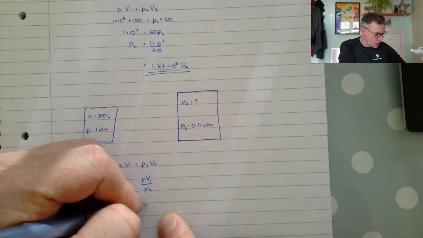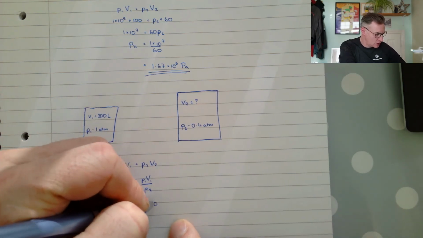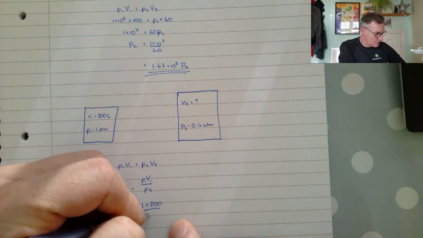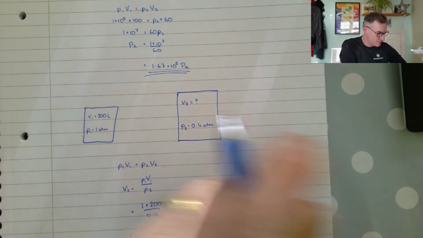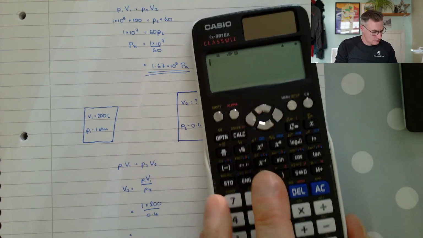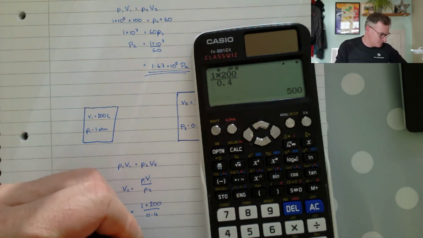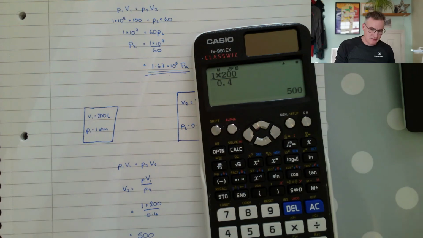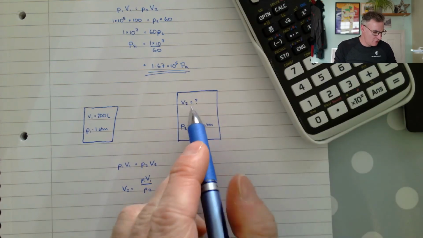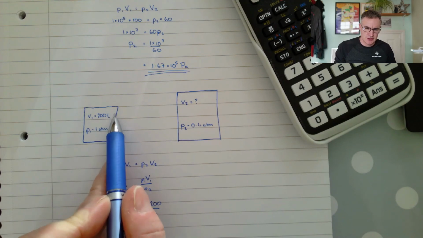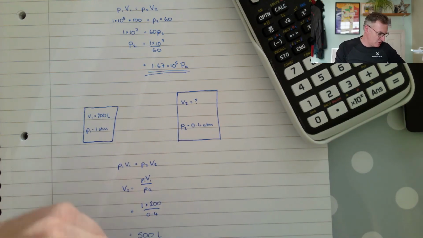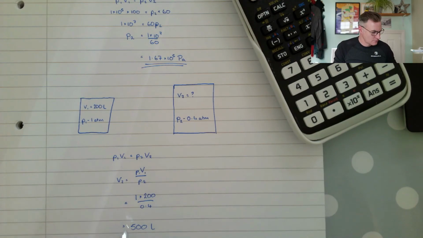So P1 is 1 times 200 over 0.4. And then 1 times 200 divided by 0.4 is going to give us 500. But 500 what? Well, we're looking for the second volume, and the initial volume was in litres, and so it would just be 500 litres. And that would be it.